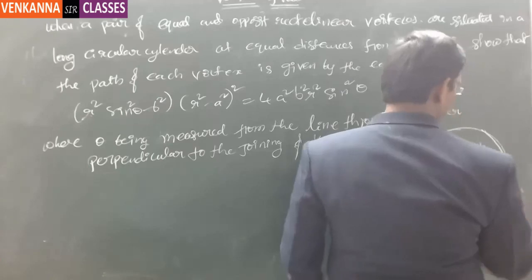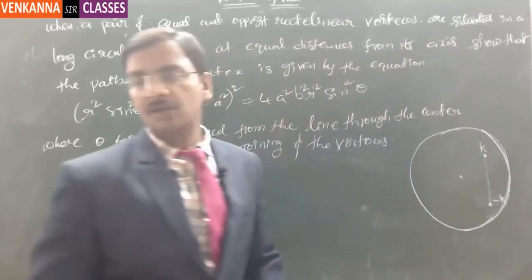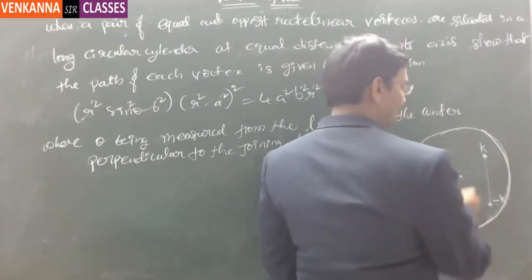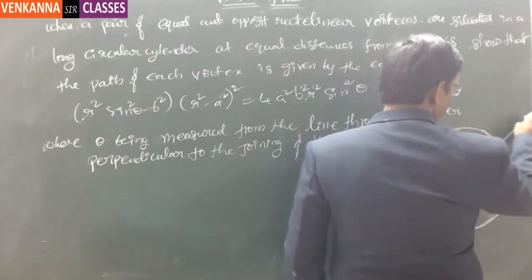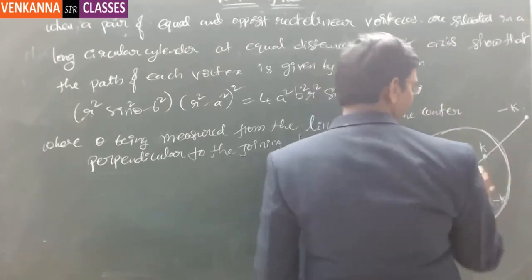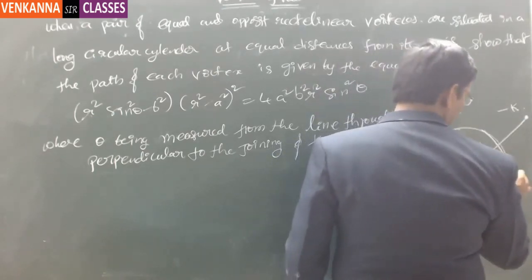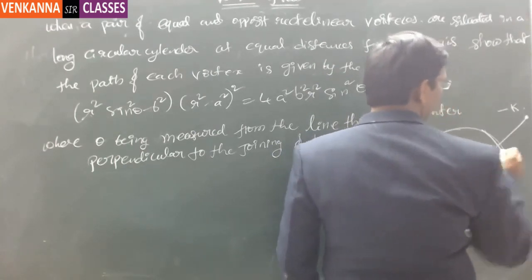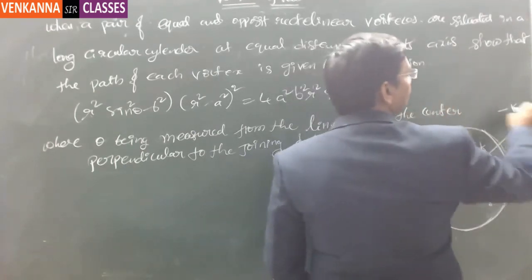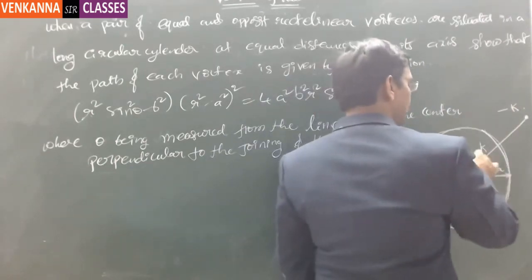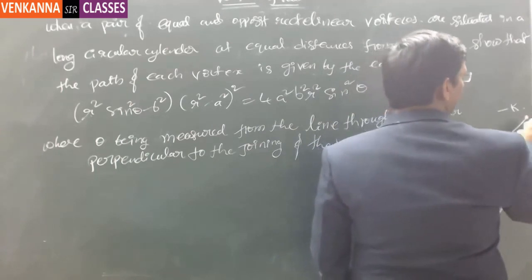So this is minus k. If there is a pair of vortices, then obviously the image system of this particular plus k will be, you have to join like this, and there is one minus k located at this point. Let us say this is the radius a, and here there is one vortex located at distance r, then obviously the image will be at a squared by r.